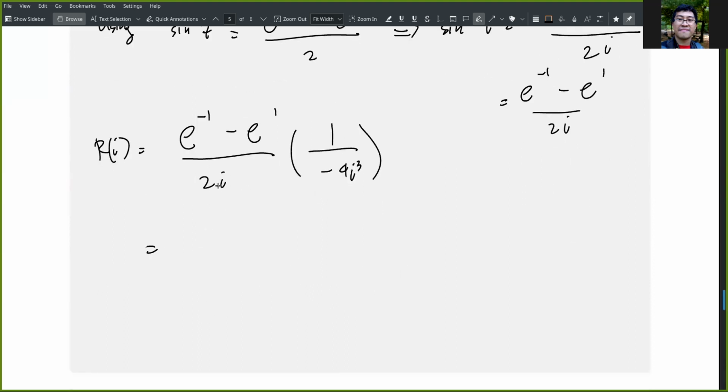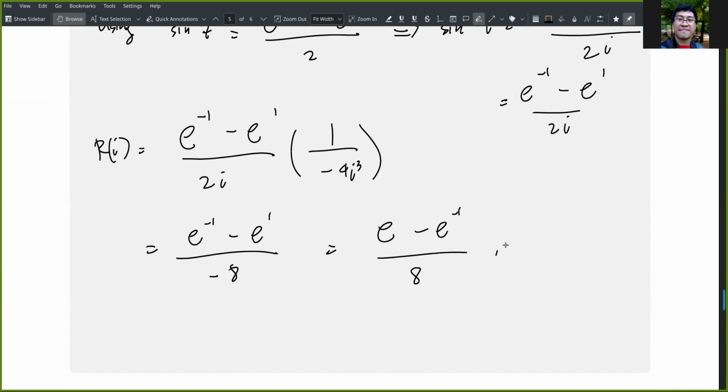This 2i times negative 4i gives you 8, and i to the power of 4 is 1, so you have minus 8, or e to the power of 1 minus e to the minus 1, divided by 8.